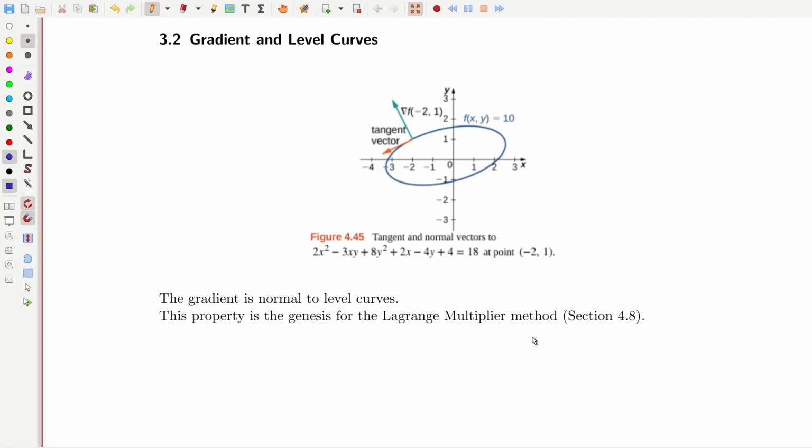There are things analogous to that, which will be, I think, the next set of topics after the second exam. And the Lagrange multiplier method is one of the ways to find these mins and maxes when you have a function and you have a constraint. So we'll get to that in a couple of days.